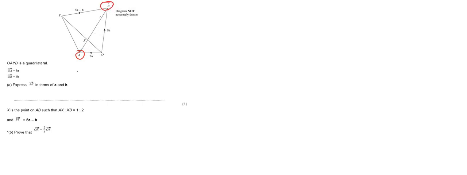So I can't go directly because I don't know what that vector is. So I'm going to follow the vector that I know from A to O. So my A to B path is going to be A to O, and then I'm going to go from O to B because I know what those vectors are.